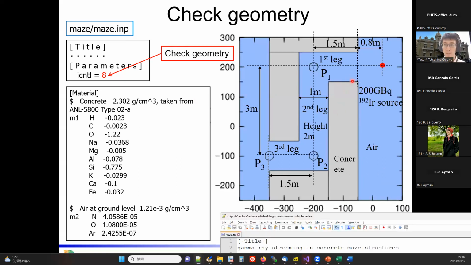And please remember that we have the iridium source at this red point, and we are going to calculate the dose rates at P1, P2, and P3. The first point here is omitted because the dose rate is obvious. We are going to calculate the doses at P1, P2, and P3.